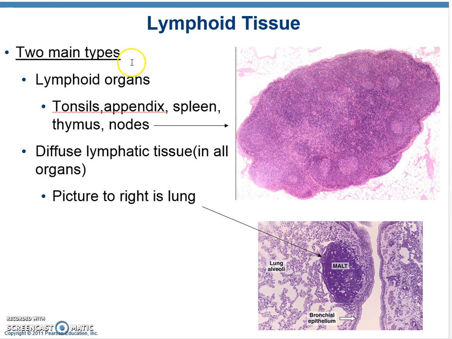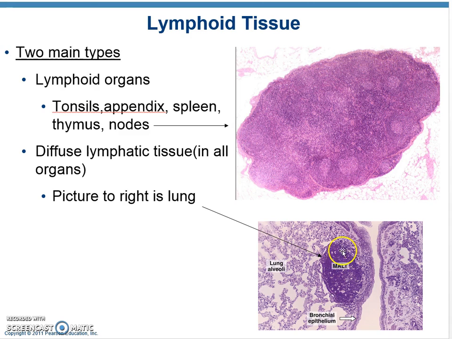So we are going to talk about two different types of lymphatic tissue. One is lymphoid organs. These are discrete structures with borders that are completely lymphatic tissue. And then there's what's called diffuse lymphatic tissue, which is just when you have, as we see here, lymphatic nodules inside of another tissue or a larger organ.